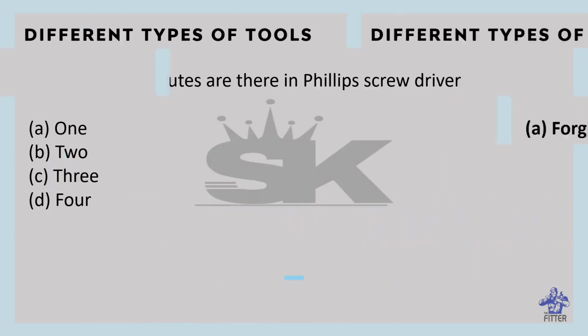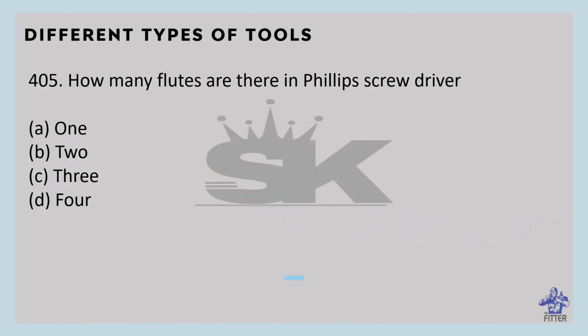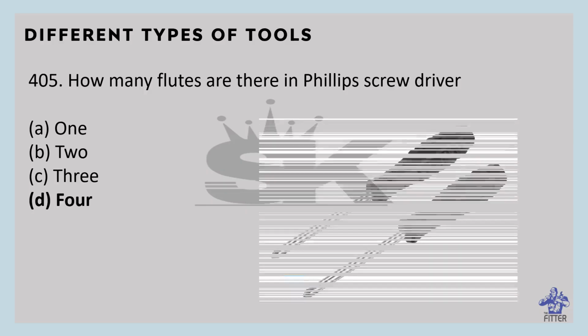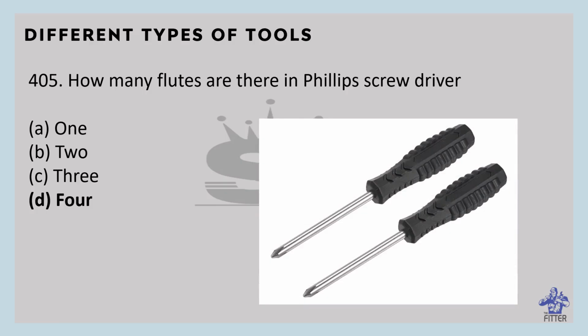How many flutes are there in a Phillips screwdriver? That is four. You can see in the image that is the Phillips screwdriver. You can observe the flutes here, it is a star type. It has a head with pointed edges in the shape of a cross, which fits neatly into the cross slots of a Phillips screw.